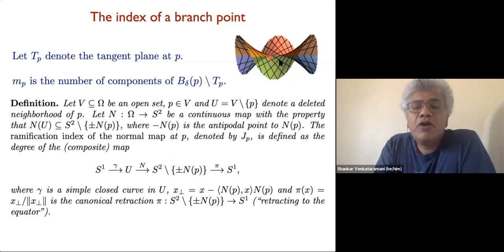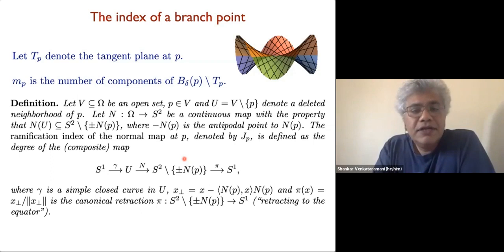That's a small circle centered at P. The normal map will take this to the sphere. There's something to be shown, namely that your map is locally going to avoid the value n at P. So you can find a small enough circle that you will not get n at P again, and also avoid the value minus n of P. So this punctured sphere is then retractable back down to the circle. So there is an index we can define for this object.